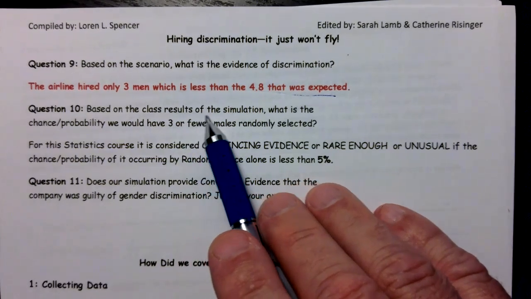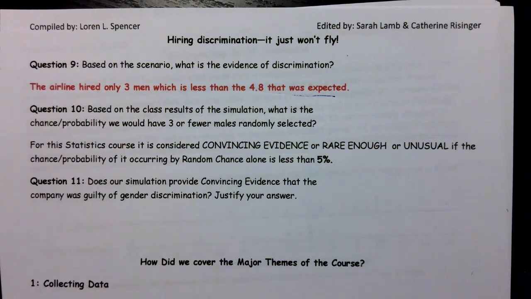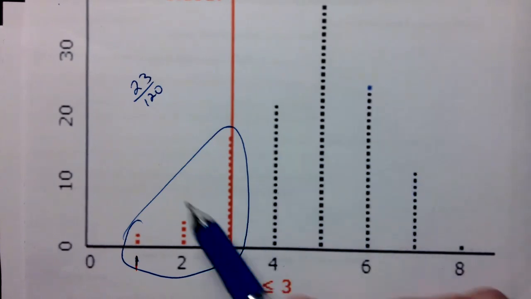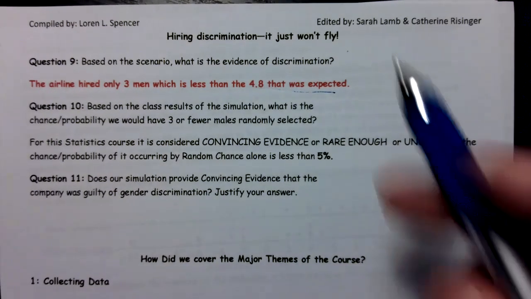So based on the class results of the simulation, what's the chance, the probability we have 3 or fewer males randomly selected? Well, when we ran a total for the entire class after we plotted everybody's data, we ended up with 23 out of 120.